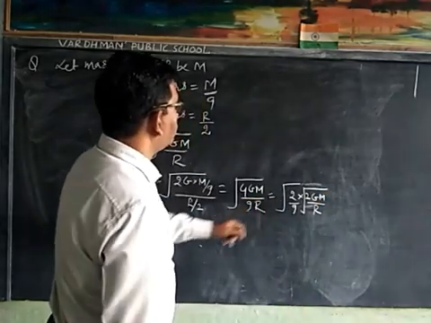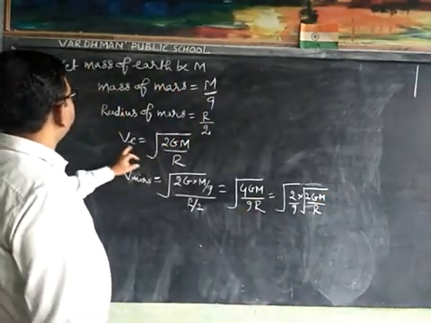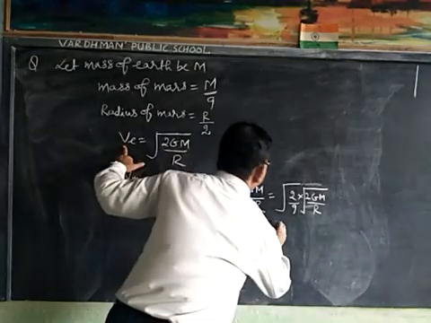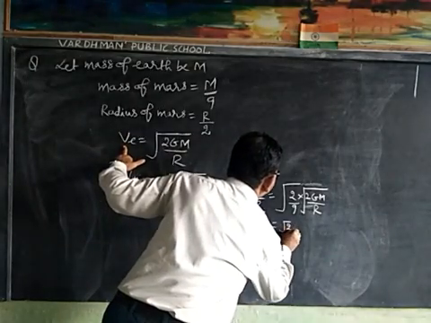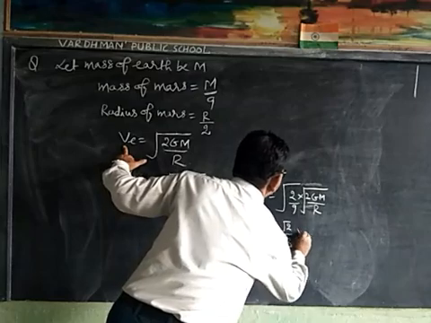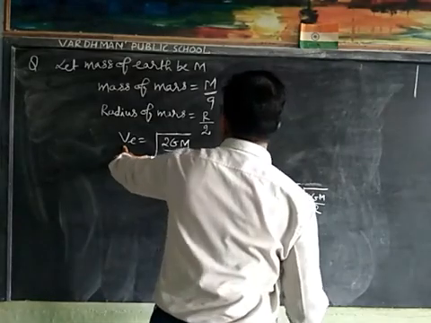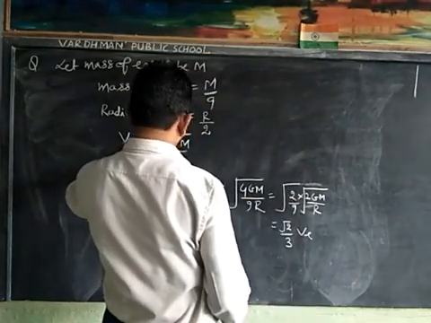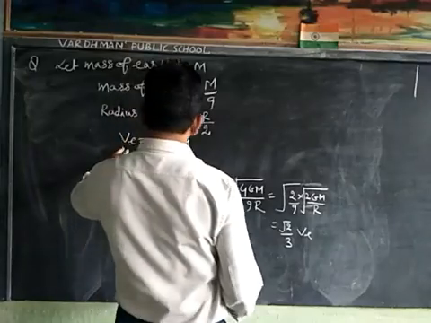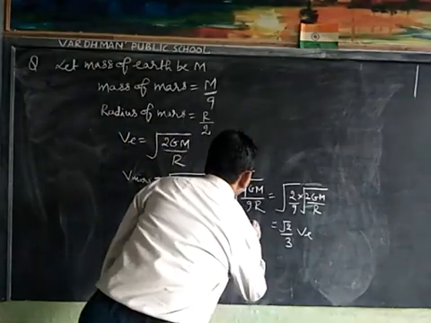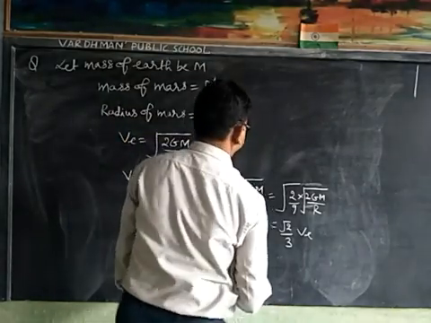Now, under root 2GM upon R is equal to VE, so V Mars is under root 2 upon 3 VE, and this is the escape velocity on Mars.